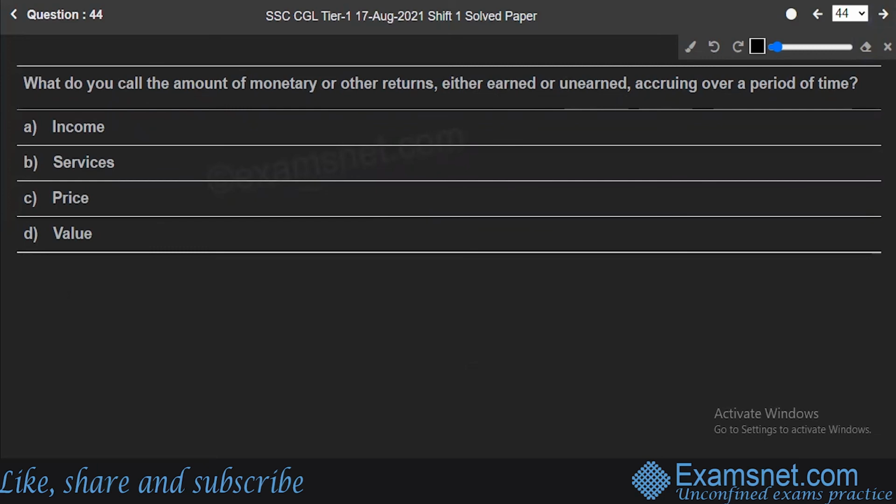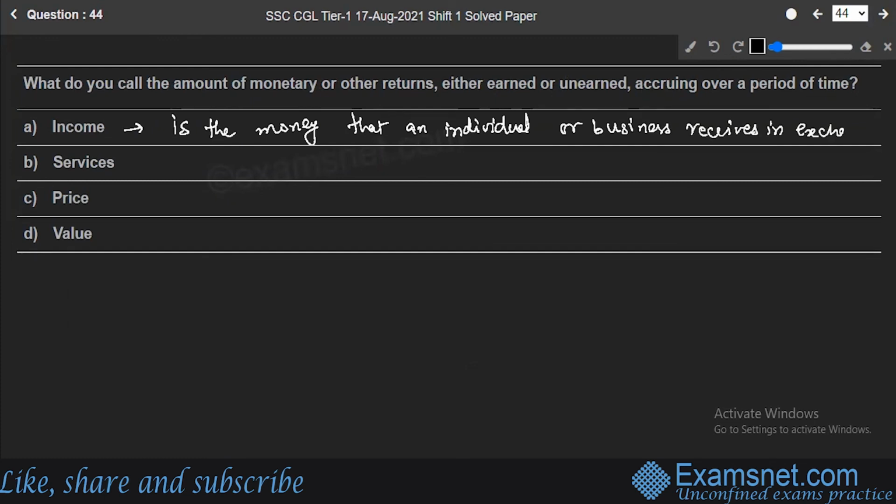Income is the money that an individual or business receives in exchange for providing labor, goods, services, or investing capital.